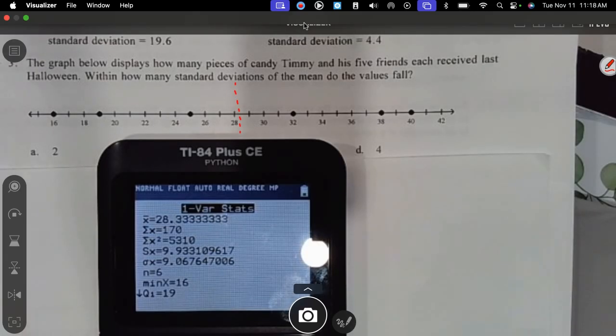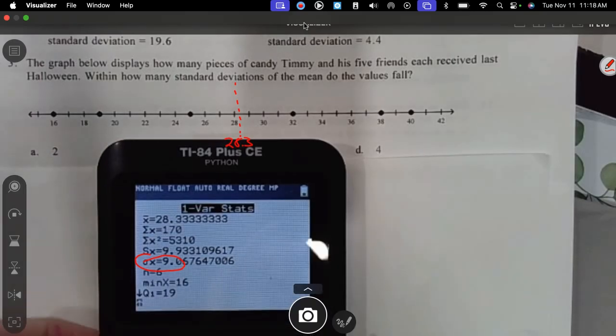This is what I'm going to have to mark. 28.3 is my mean. Now, my standard deviation is 9.1. So I'm going to add 9.1 and subtract 9.1. I've got to use my calculator. 37.4 for adding it.